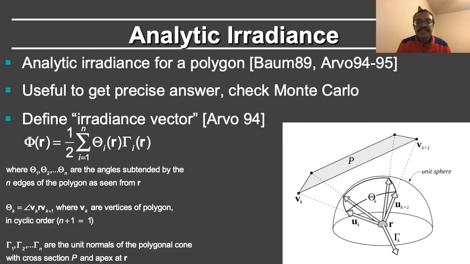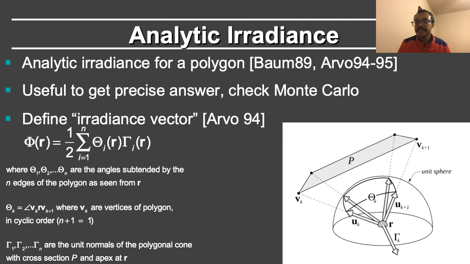There is interestingly an analytic formula for the irradiance. It goes back more than 30 years to work by Baum and this beautiful paper by Arvo on analytic irradiance tensors. It's useful to get a precise answer and check the Monte Carlo calculations.